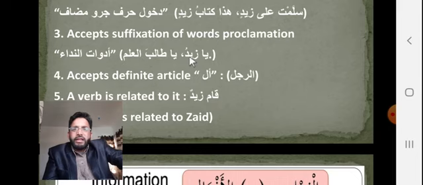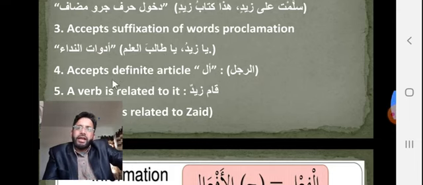I identified Zaid as a noun because I used Ya on it, because it accepts Ya. Ya talib al ilm, I know that talib is a noun because Ya is prefixed to it. So when we use a word of proclamation on a kalima, it means that kalima is a noun.